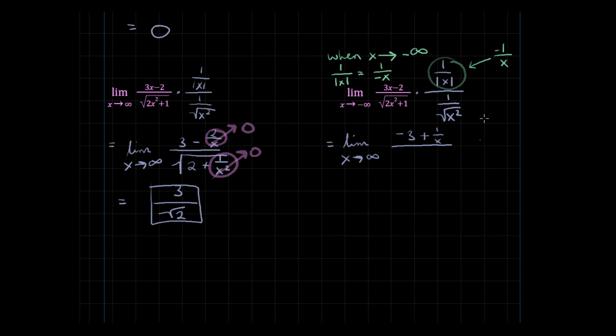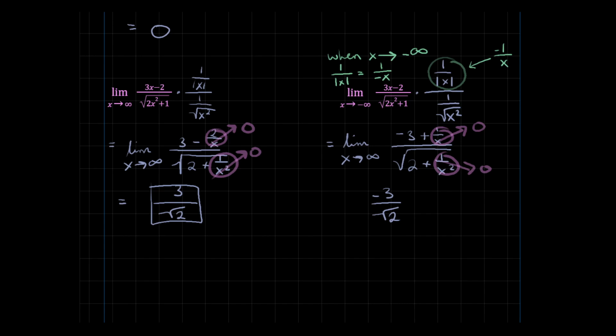See how that happens? And then the denominator, all of that is the same. 2 plus 1 over x squared. Right, now what happens? We've got this still goes to 0, and that still goes to 0. And when we go ahead and let x be infinity, we have negative 3 over root 2.